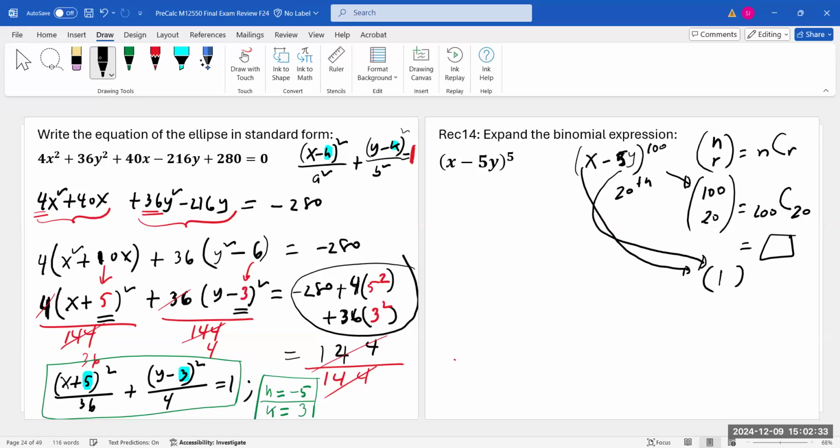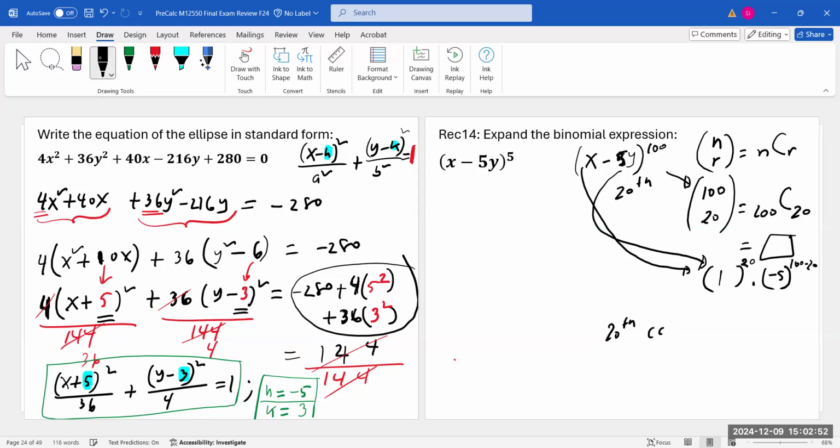So it's 1 to the 20 and negative 5 to the 100 minus 20. Oh yeah, I remember now.